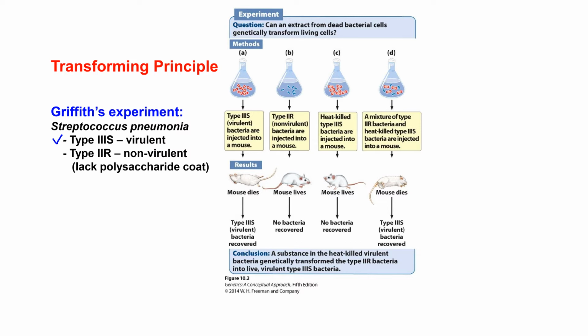Occasionally, however, he observed and isolated also a non-virulent strain, type 2R, which lacked the polysaccharide coat and produced rough-appearing colonies. So he could very easily identify virulent and non-virulent bacterial strains while growing them on agar.